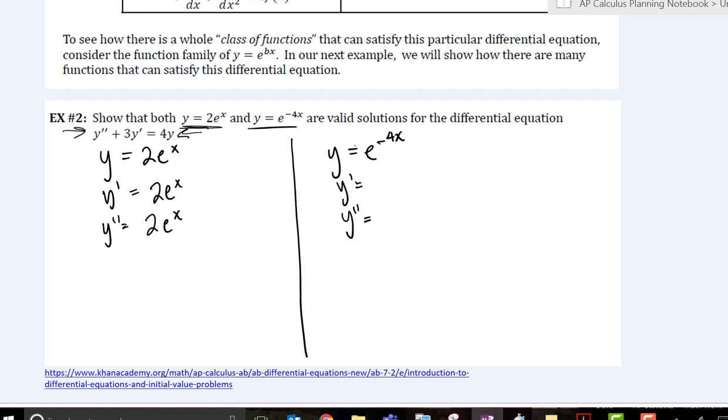On the next equation we have a little difference because a chain rule applies here. Y prime is negative 4e to the negative 4x, and y double prime is 16e to the negative 4x. So I'm checking that these are solutions. What we're saying is: does y double prime plus 3 times y prime equal 4 times y?